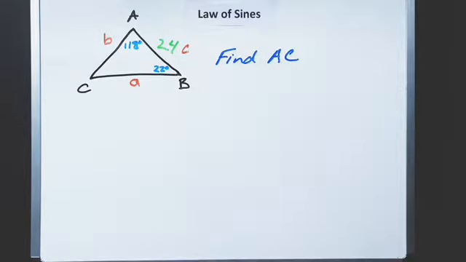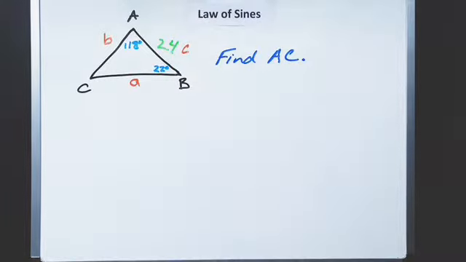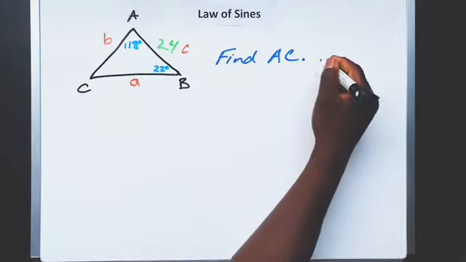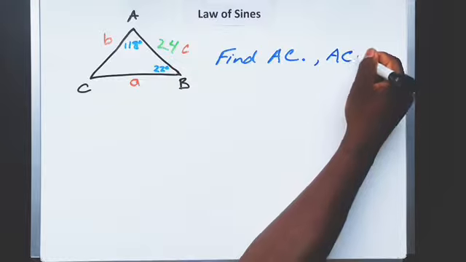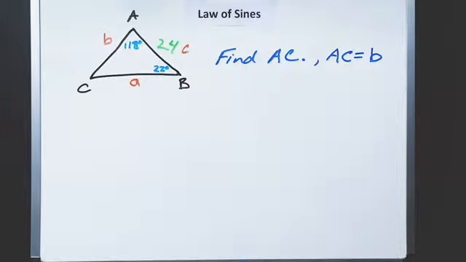So, find the length of AC. This is AC right here. We can conclude that if AC is equal to lowercase b, so if we find lowercase b, we will find side length AC.